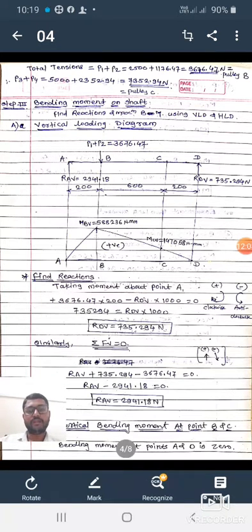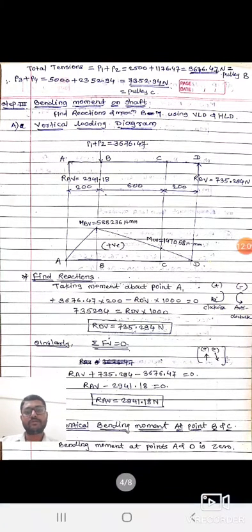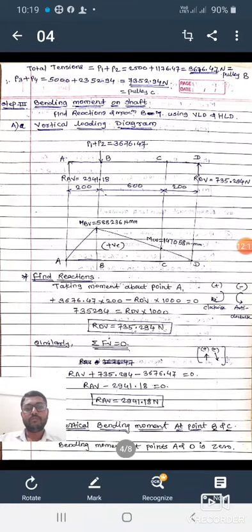So RAV plus RDV, that is 735.294, minus P1 plus P2, because that force goes downwards and is taken as negative.